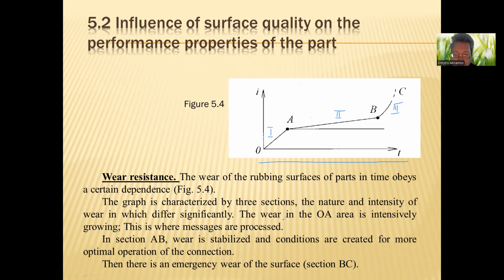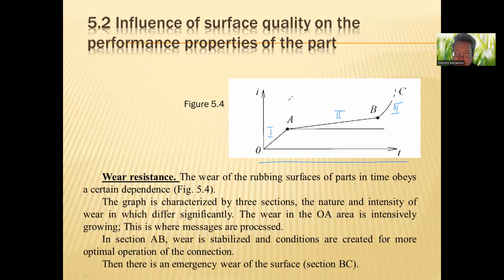So, the wear in the OA area is intensively growing. This is where the surfaces are run in. In section AB, second section, wear is stabilized and conditions are created for more optimal operation of the connection.